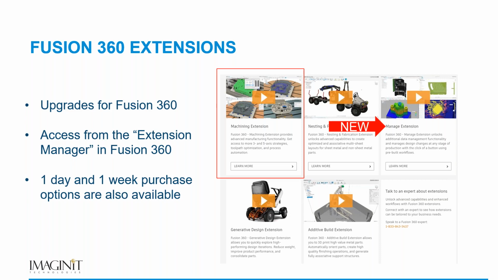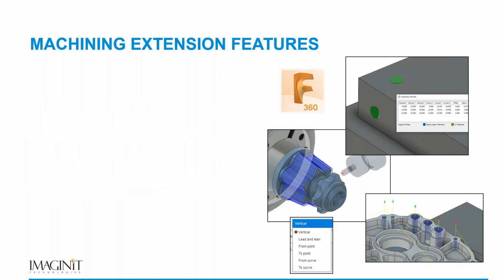They've improved it, and they are adding it into Fusion 360 as a way to manage the life cycle of your designs and do change order management and revision control within Fusion 360. So check these out if you haven't already. Obviously, we're going to focus on the machining extension today, but I recommend going in there and seeing what else is available.